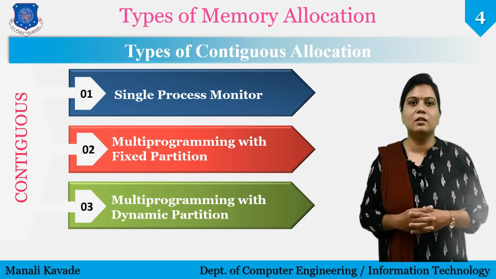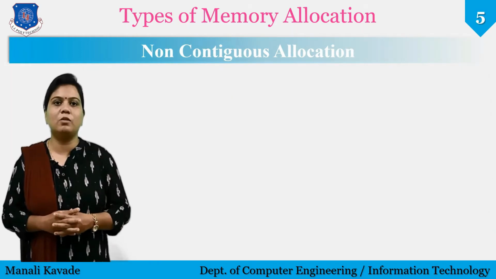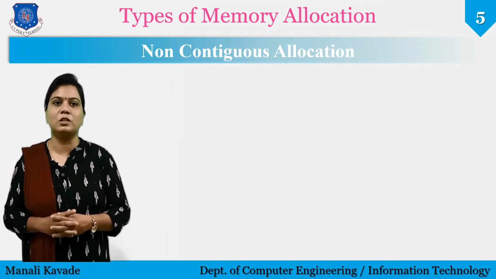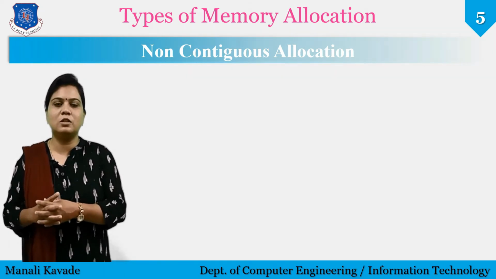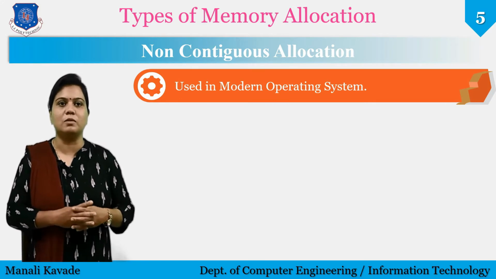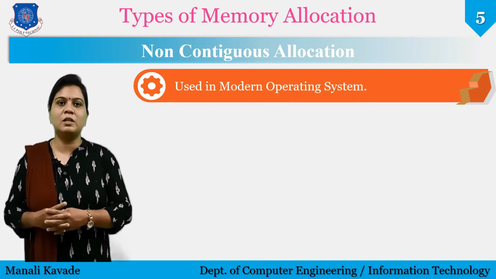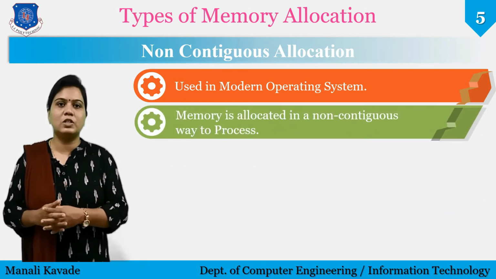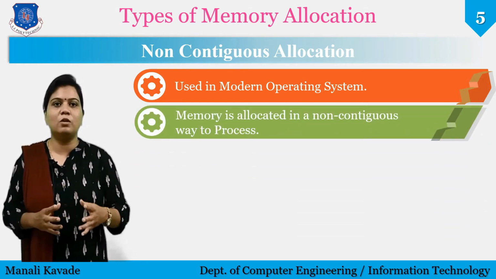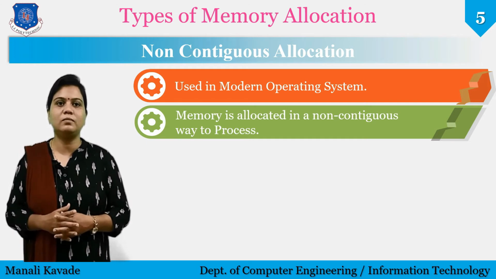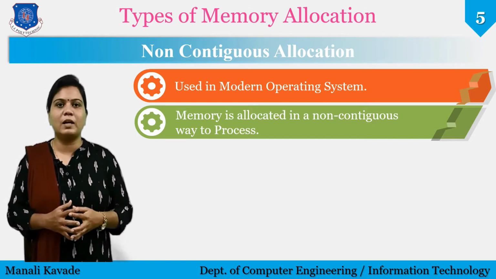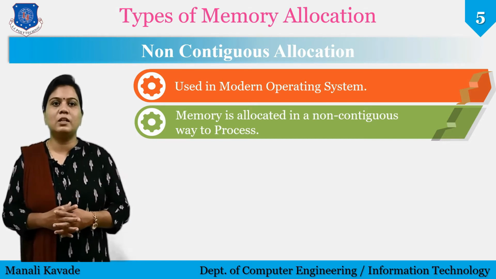Now we will see second type of memory allocation technique, that is non-contiguous memory allocation. This method is used by modern operating systems. Non-contiguous memory allocation is basically a method in which non-contiguous sections or parts of memory are allocated to a process. In non-contiguous storage allocation, programs, data and instructions may occupy non-contiguous areas of memory.